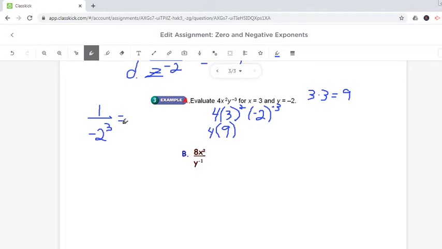That's 8. And we have a negative, so negative 8. So it's 1 over negative 8. So we'll do times 1 over negative 8. Okay, and then 4 times 9, that equals 36.